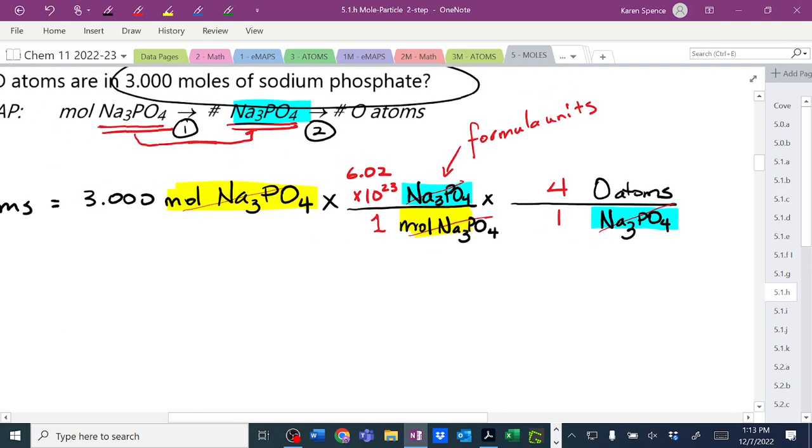So plug that into your calculator, see if you remember how to use your exponent button, and see what you get. 7.224 times 10 to the 24.